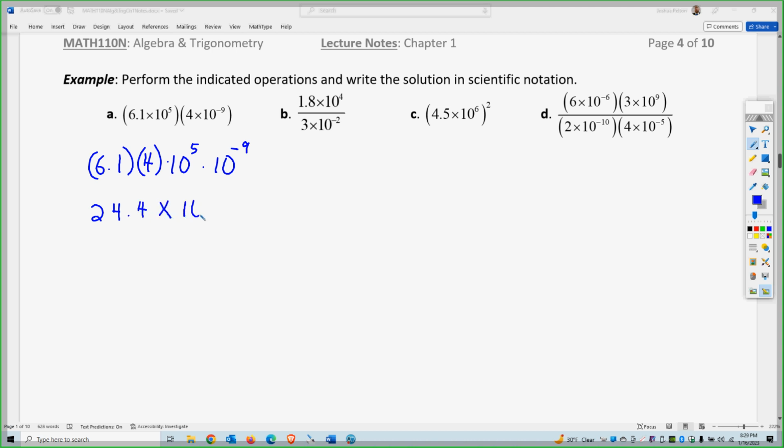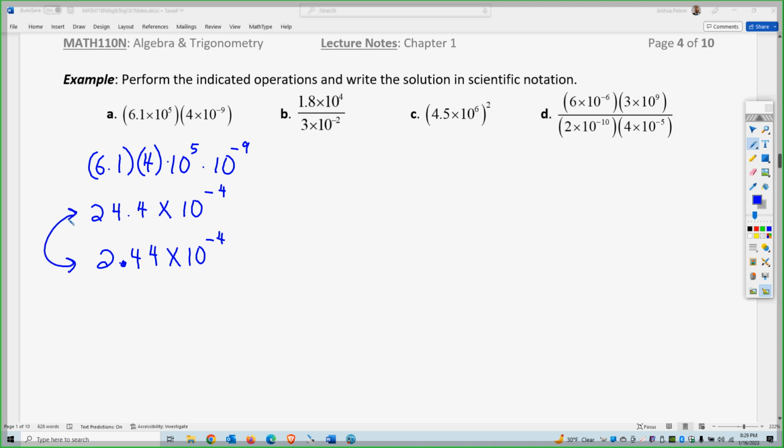And this is times 10 to the negative fourth, because now we're using our exponent rules, which is to add exponents when it's a product. But the problem is this number is no longer in scientific notation. Scientific notation would be 2.44 times 10 to the negative 4. But I can't just simply move the decimal like that because these two things are not equal, right?